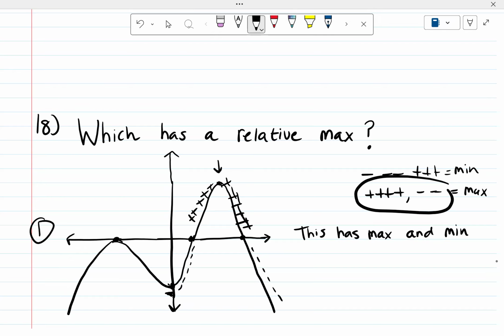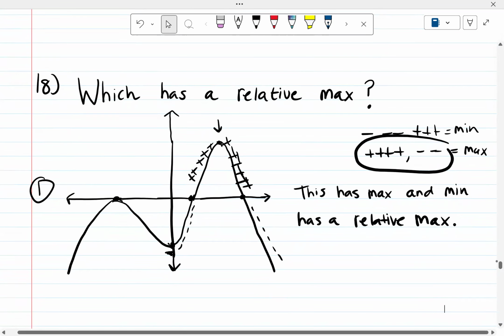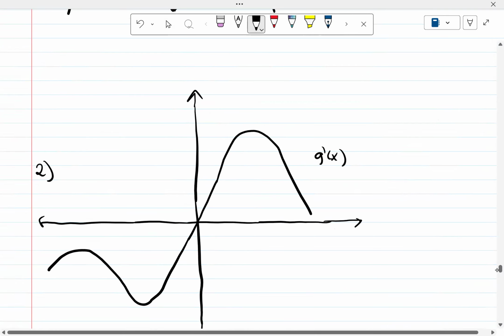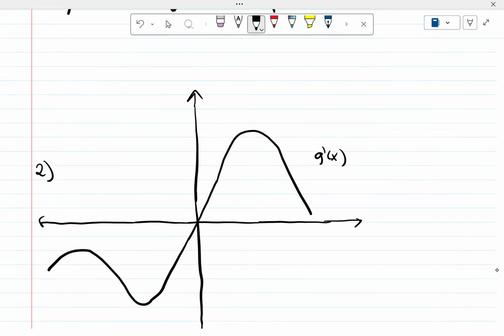So this has a relative max. That's why it's graph one, and then we can exclude the other graphs. Okay, so let's move on to the next one.